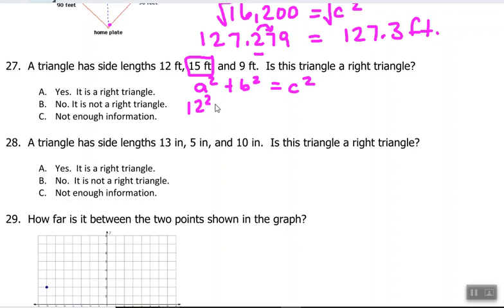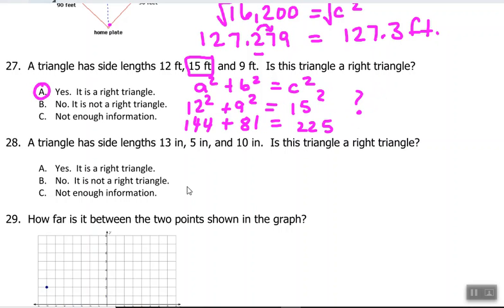So is 12 squared plus 9 squared equal to 15 squared? That's our question. And so 144 plus 81, does that equal 225? 1 and 4 is 5, 8 and 4 is 12, carry the 1 is 2. It does make a true math statement, and so yes, it is a right triangle.